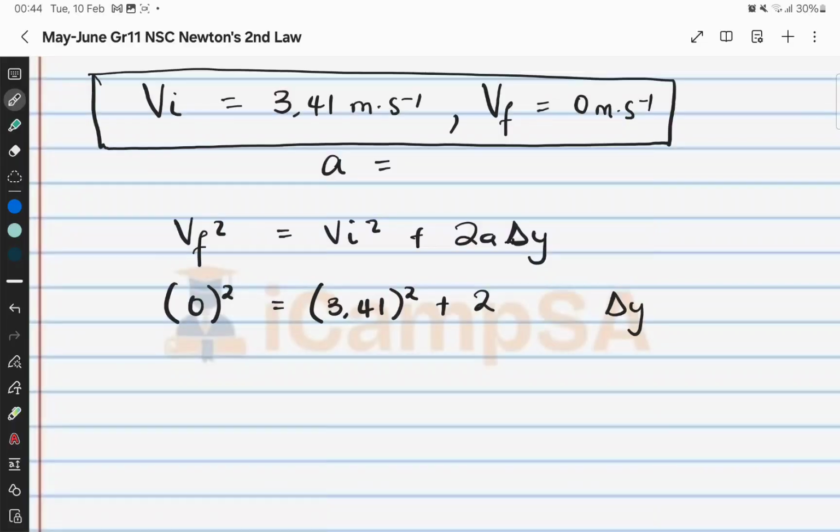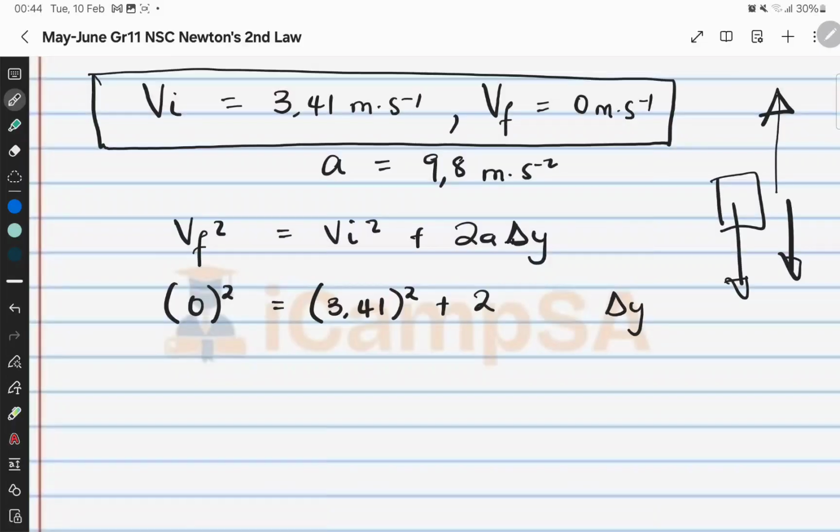So what is accelerating block A now is no longer block B. It's now moving on its own, so the only thing that will accelerate it is the gravitational acceleration. Gravity is always acting downwards, so as this thing is moving up, gravity wants to pull it downwards. So A is 9.8 meters per second squared.